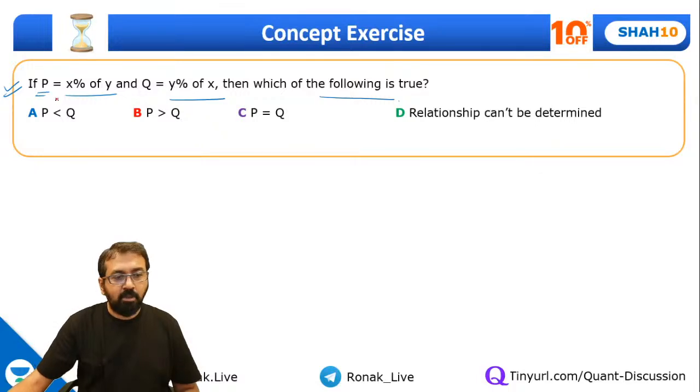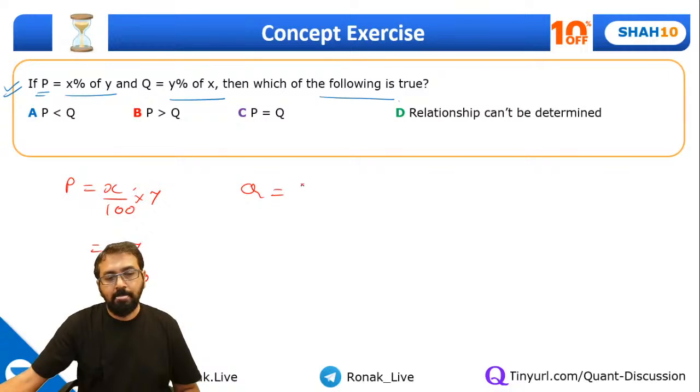Okay, so guys, remember P is equal to x% of y. So can I say P is equal to x upon 100 into y? Correct? Okay. So this is nothing but xy upon 100. Same way, Q is equal to y% of x, that is y upon 100 into x.